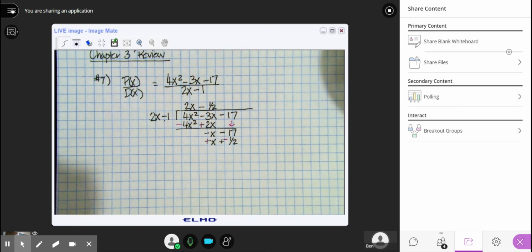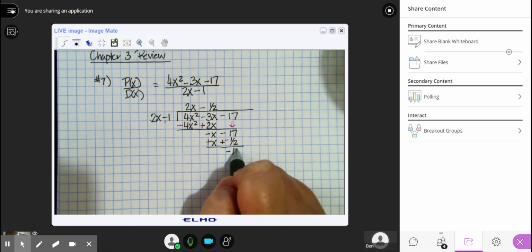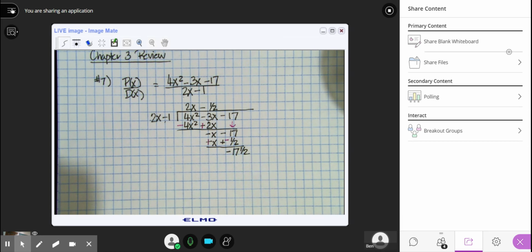Negative 17 minus a half more is minus 17.5. So my answer here is 2x minus 1/2 plus my remainder, which is a minus 17.5 over 2x minus 1.